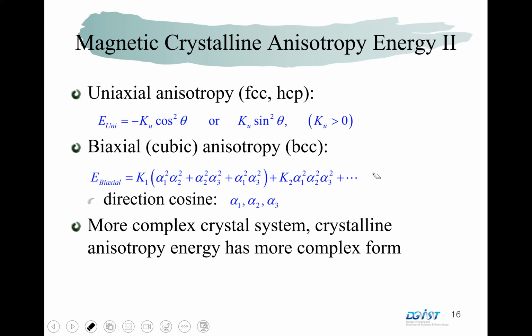So that's how we can obtain a very large PMA anisotropic energy for certain materials. But in some cases we can grow films that have a very strong uniaxial anisotropic energy in a certain crystal direction in plane. So in that case, we can obtain a very strong in-plane uniaxial anisotropy, not the PMA.